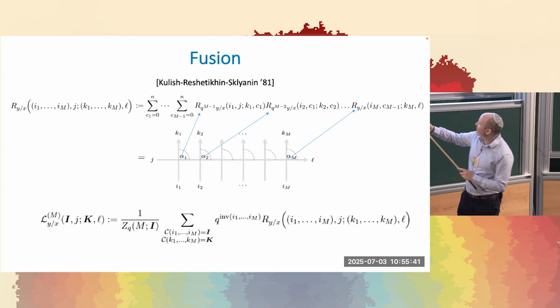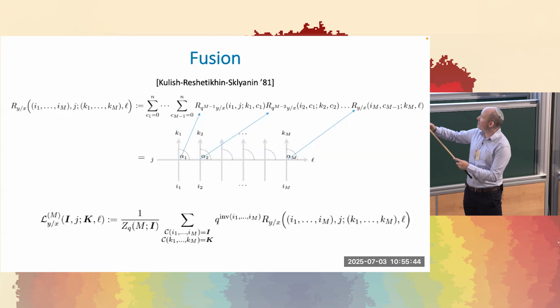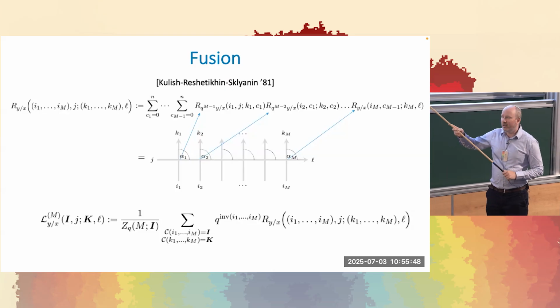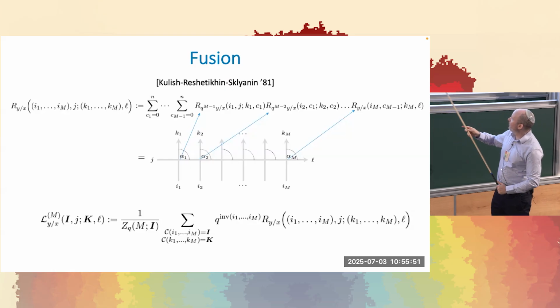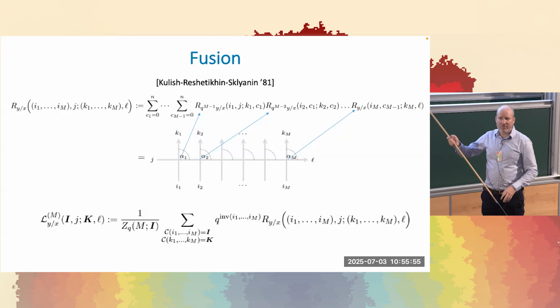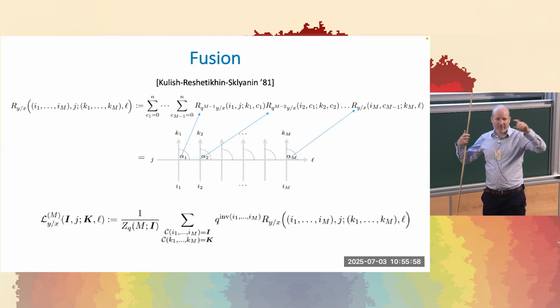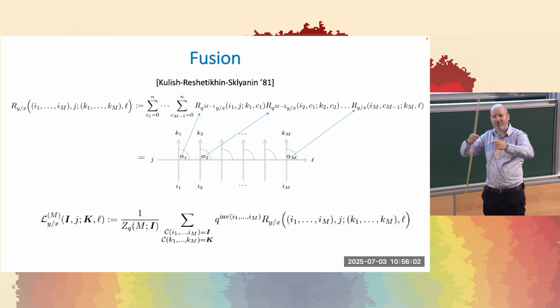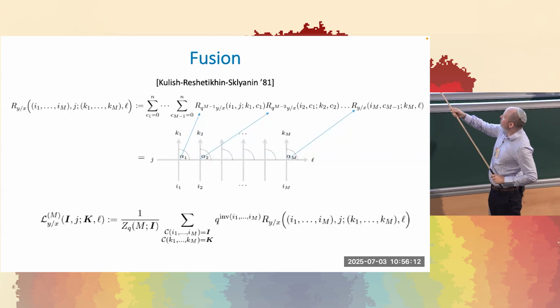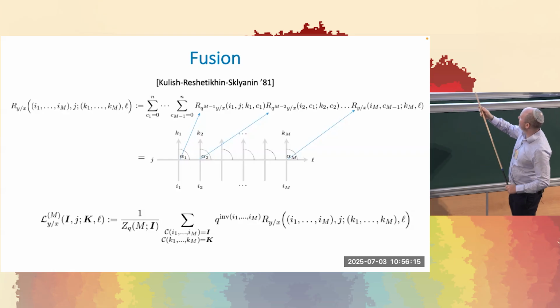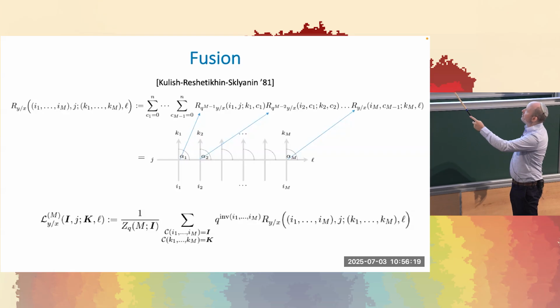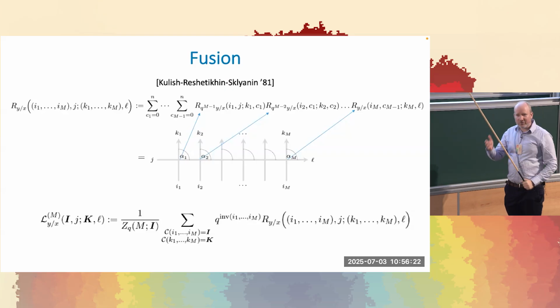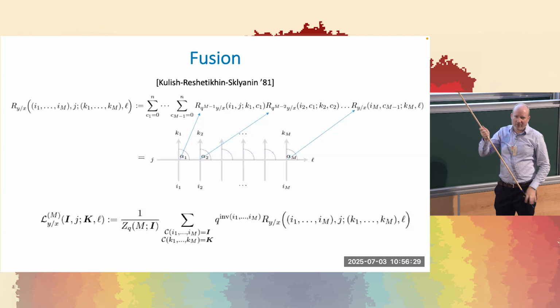What that means is that if I think of a measure on the initial collection, let me imagine all these are different colors, a measure on the order of the initial arrows coming in, proportional to Q to the number of inversions, there's some linear ordering, so I keep track of the number of inversions of the permutation of the order versus where they show up. That's sort of the Mallows measure from before. Then that Q-exchangeable measure, in other words this Q to the number of inversions measure, gets pushed forward under the transfer matrix to a new measure, which is still Q-exchangeable. So the transfer matrix, under the very special choice of spectral parameters, preserves Q-exchangeability.